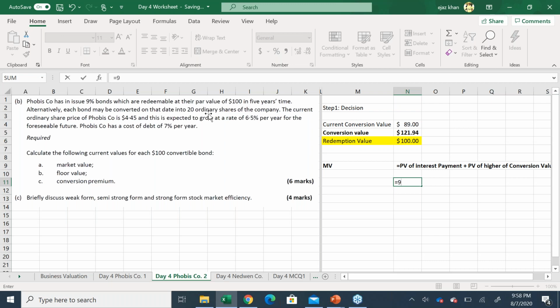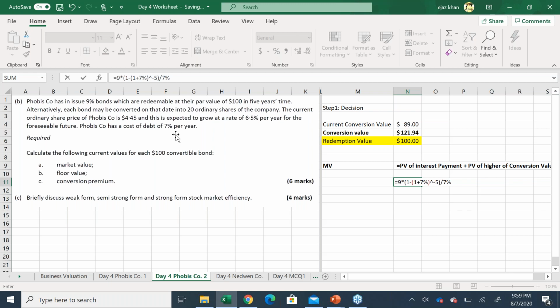So we have to multiply it with the 5 years annuity factor to get the present value. So 5 years annuity factor. If you have annuity factor table with you, just tell me annuity factor of 5 years at 7% rate. Otherwise, I have a formula: 1 minus 1 plus the rate, which is 7%, raised to the power the years, 5 years, bracket closed, divided by 7%.